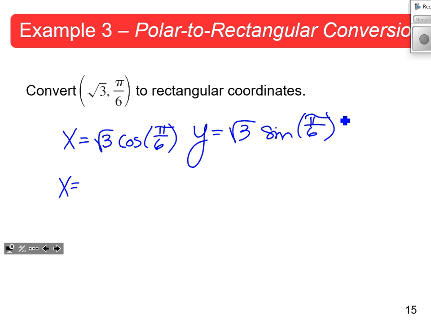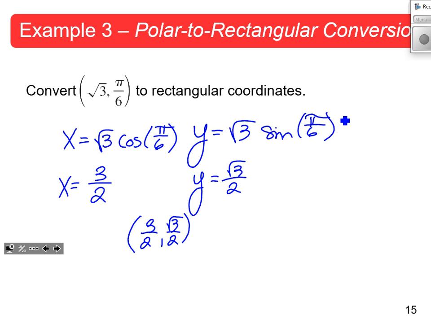It's going to be in radians because we have pi over 6. So our rectangular coordinate is going to be 3/2 comma square root 3 over 2. That's all I have to do to convert from polar to rectangular.